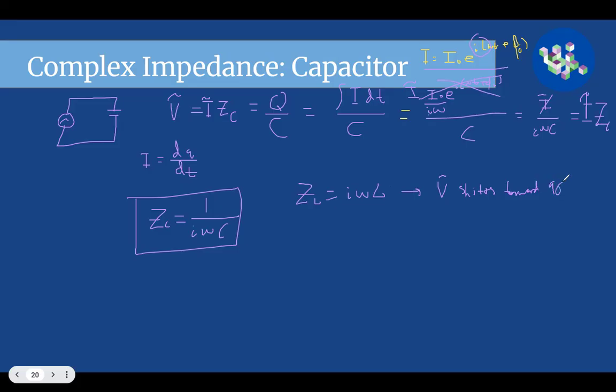Because now instead of multiplying by i, I'm dividing by i, the V of a capacitor shifts back 90 degrees. So if I'm looking at this circuit still, I want to draw the current and voltage as a function of time. Let's draw that graph over here.